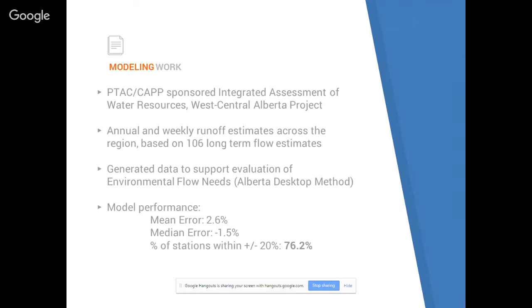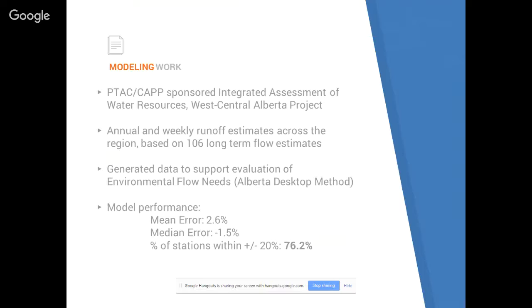And it was also crafted to support the needs of the environmental policy in Alberta. So we're producing annual and weekly runoff estimates across the region, and parameters required to calculate the environmental flow needs. And the model incorporates 106 long-term hydrometric data records distributed across the region.